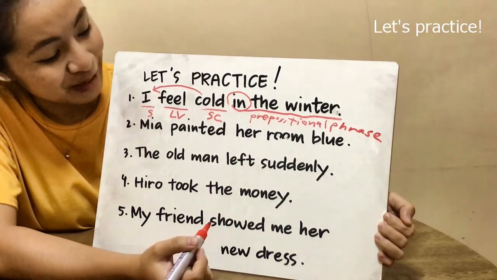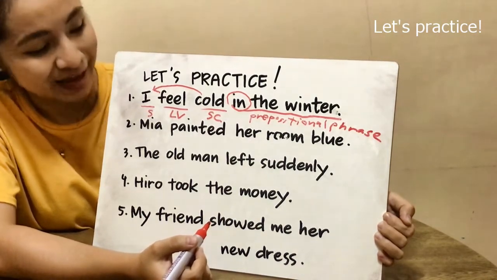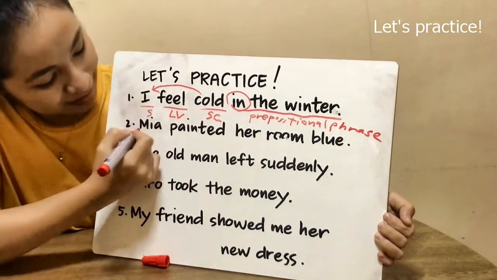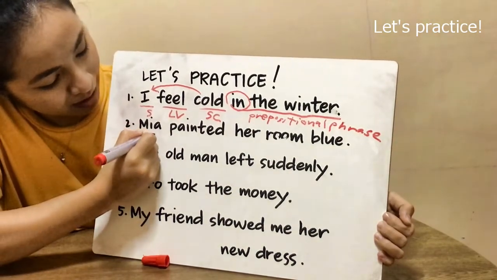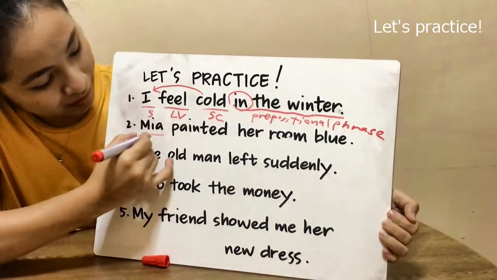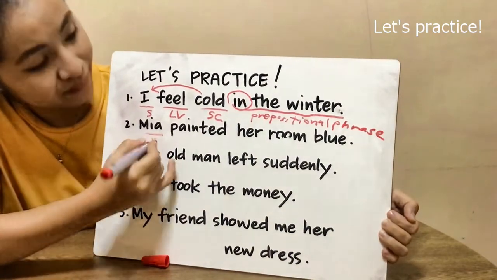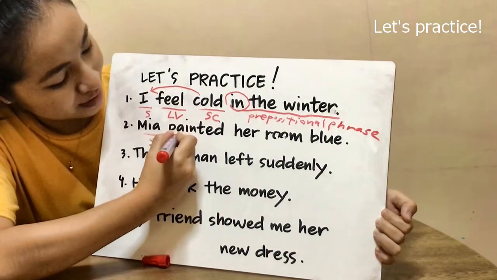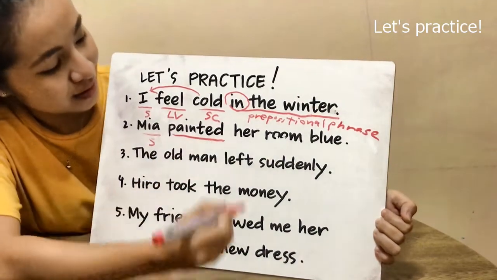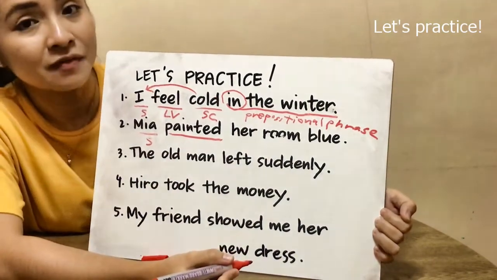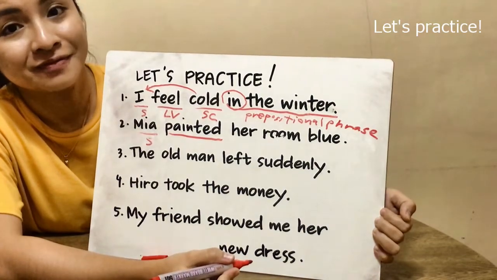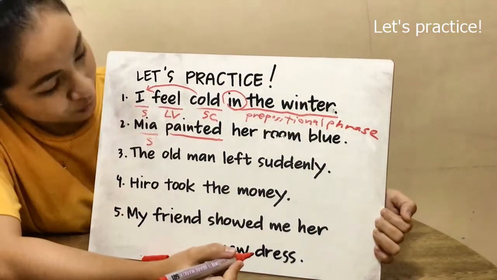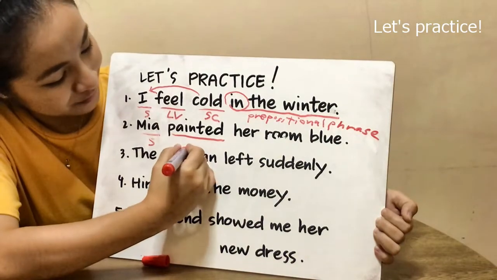So we have paint there as well. So in this case, Mia is your subject. Painted, is it intransitive verb or transitive verb? Of course, it's transitive verb.